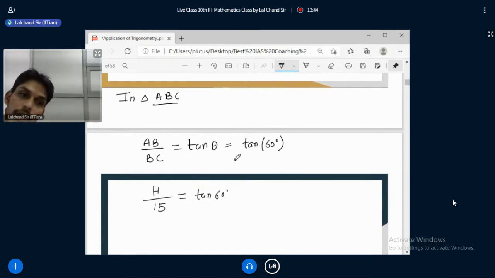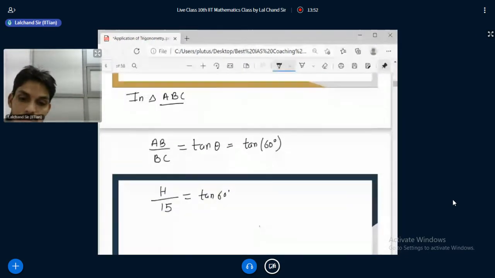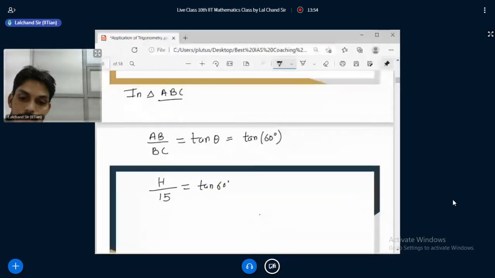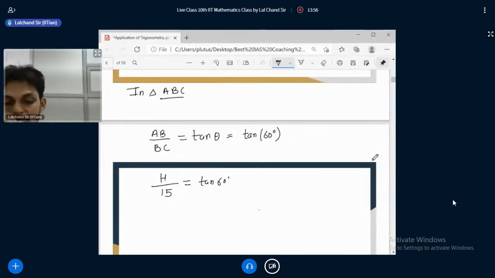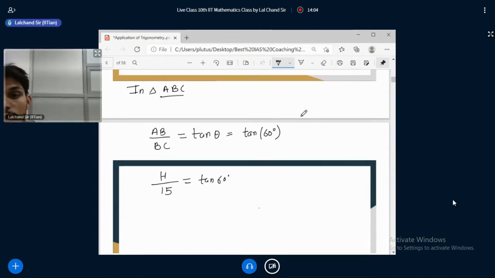Okay. Now can you tell me what is the value of tan 60? Tan 60 is root 3.